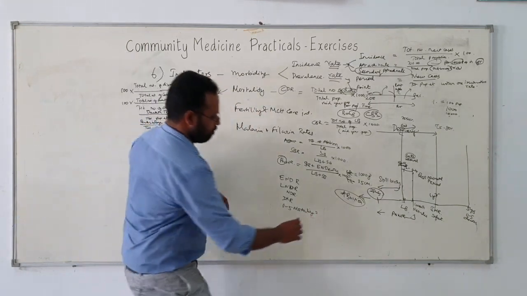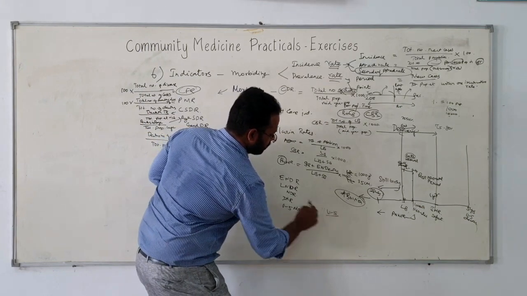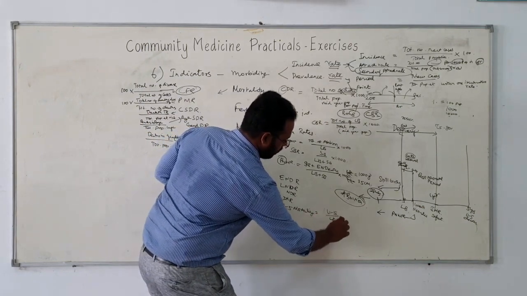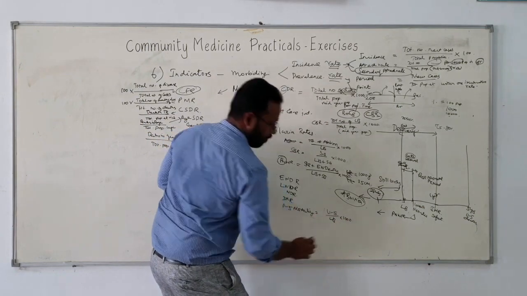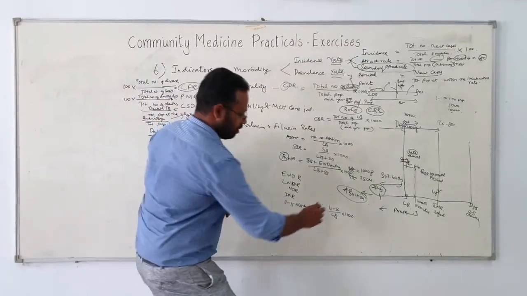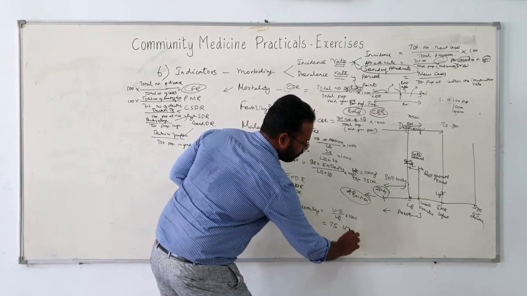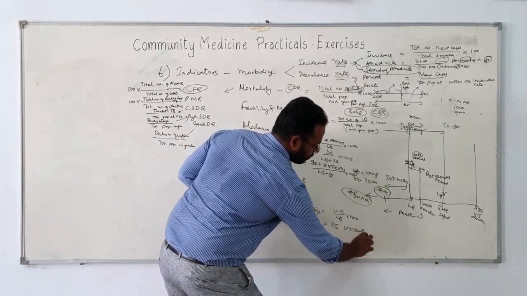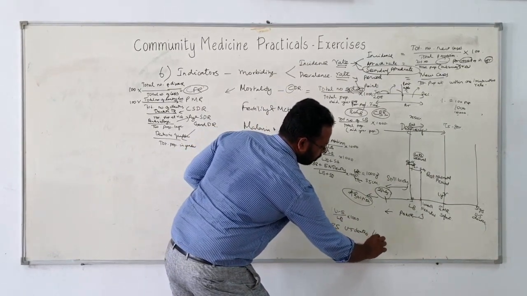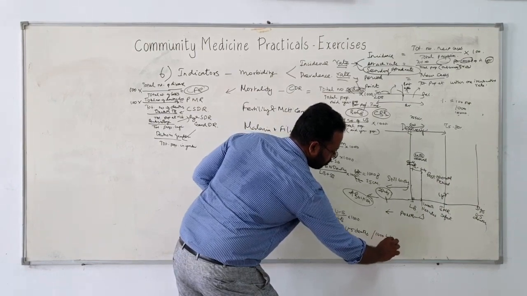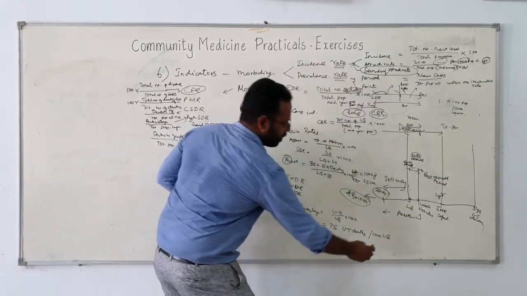All these things have numerators as per the definition and live births into 1000. So whenever you write the answer, you have to write 75 under 5 deaths per 1000 live births. Like this you have to write.